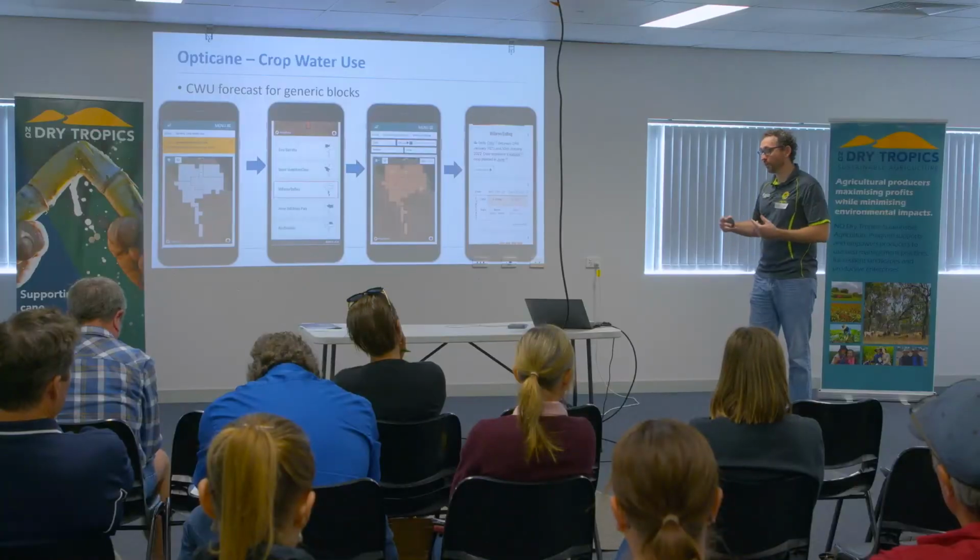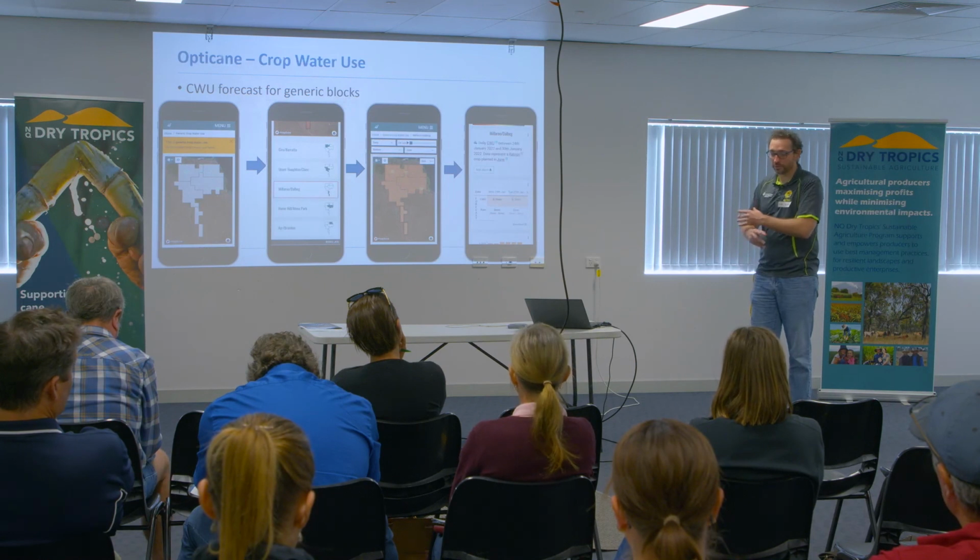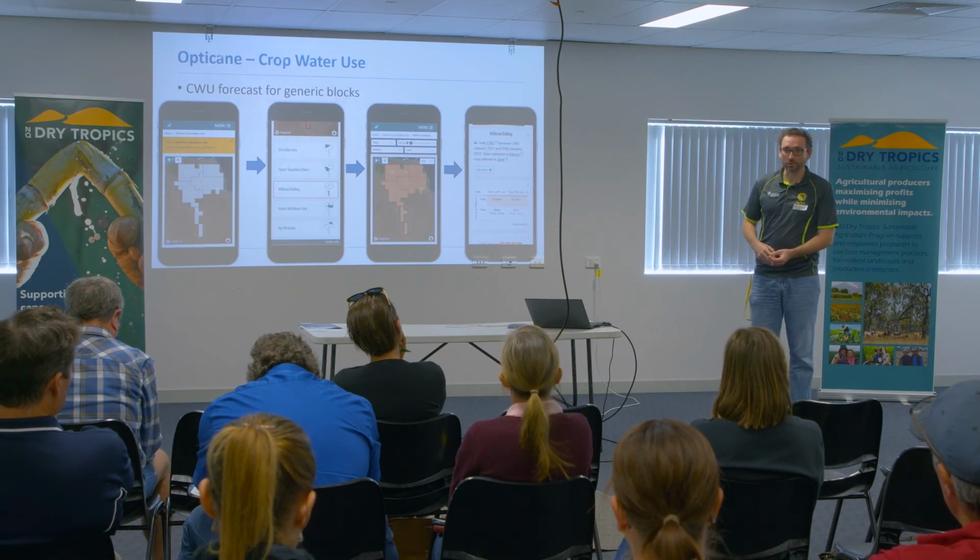So if the rain's coming in from the west, then we'll see forecast differences for the western zones, but not in the coastal zones. To me that's really cool, because it means we are getting growers information that is more relevant to them specifically, depending on where they are in the region, rather than just a whole regional forecast.